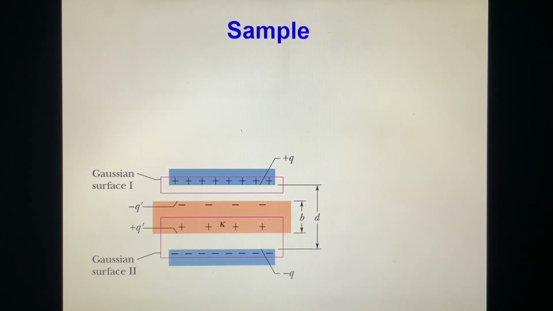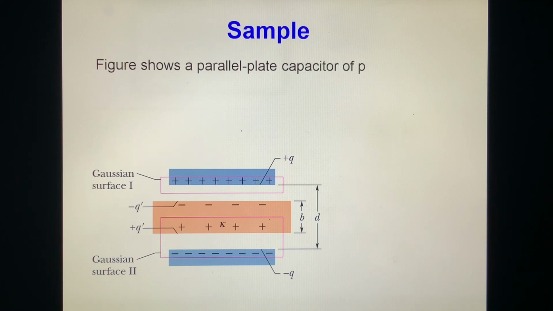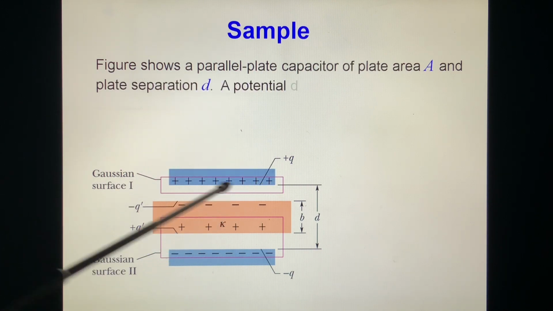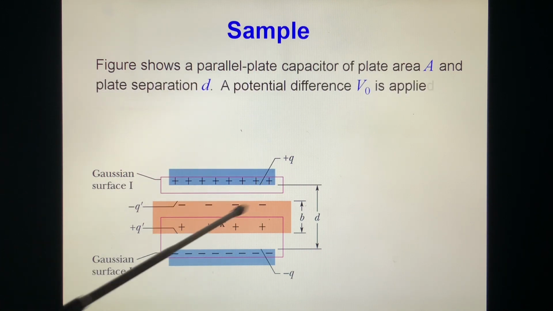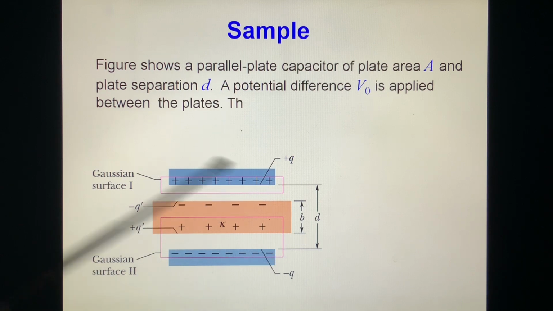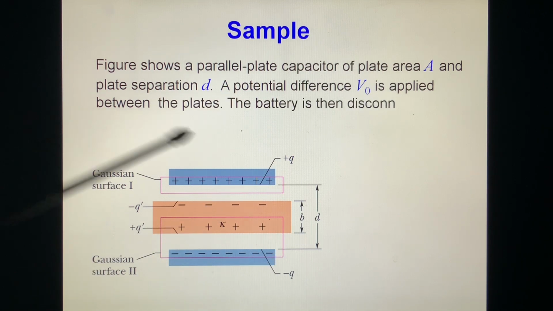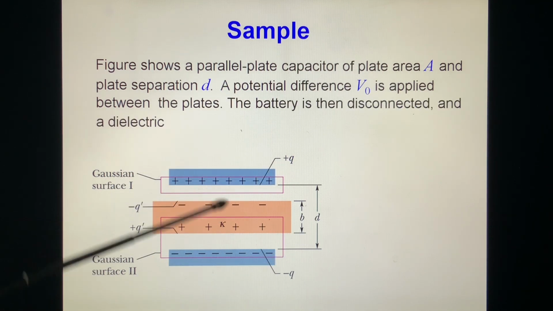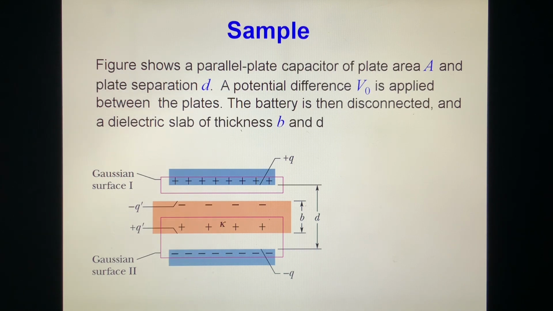Sample problem. The figure shows a parallel plate capacitor of plate area A and plate separation D. A potential difference V0 is applied between the plates.